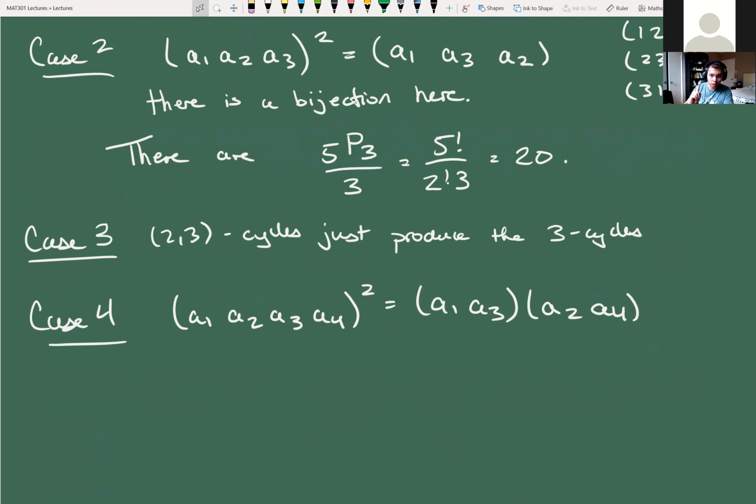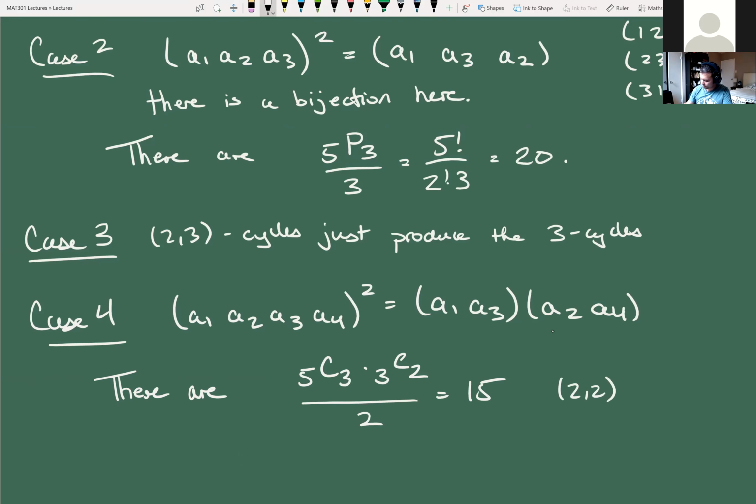So how many 2 2 cycles are there? Anyone know? Okay, so that gives us 15 2 2 cycles.